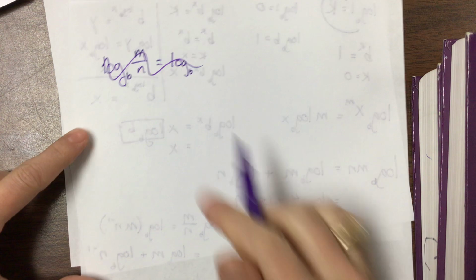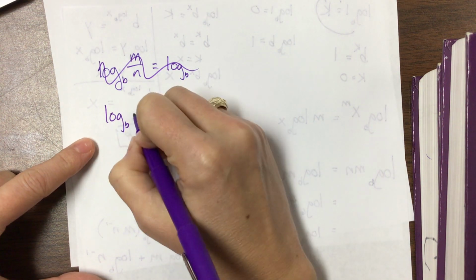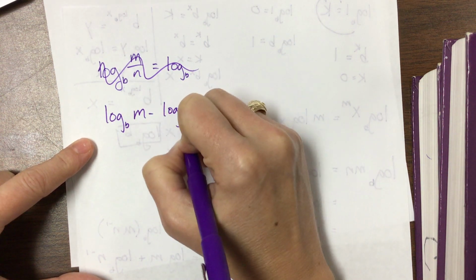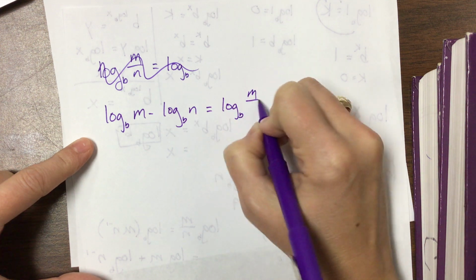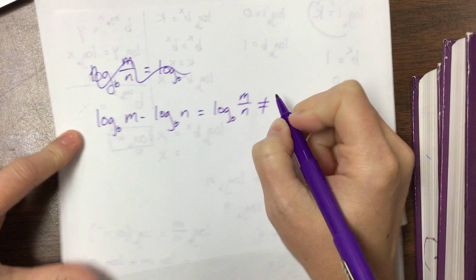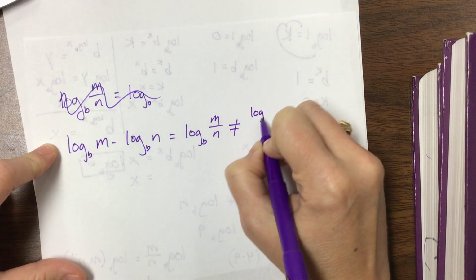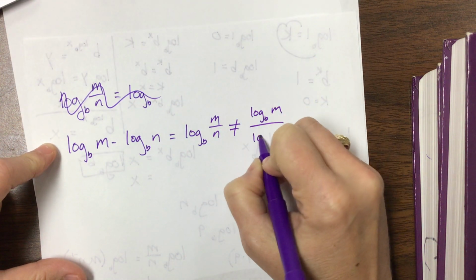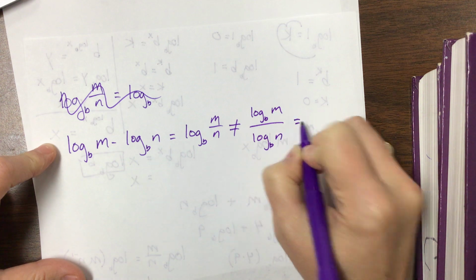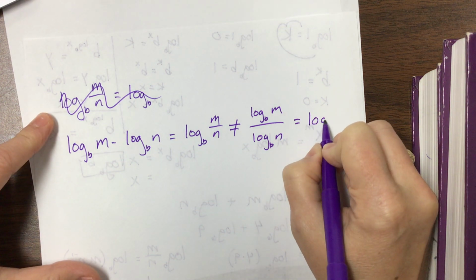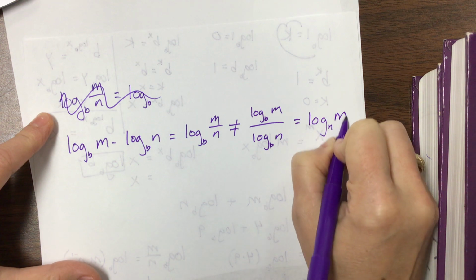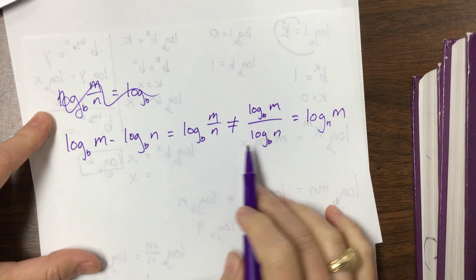Okay, my bad. So if I have log base b of m minus log base b of n, that's equal to log base b of m divided by n, which is not equal to log base b of m divided by log base b of n, but this is actually equal to log base n of m, because this is our change of base property.